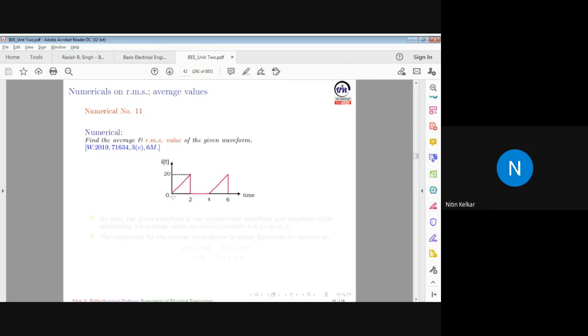So how can we write down the equation of a line which is having some slope? It is not parallel to your x-axis now. I am talking about the line segment between 0 to 2. So what is the equation for the line which is starting from origin and having some inclination with the x-axis?